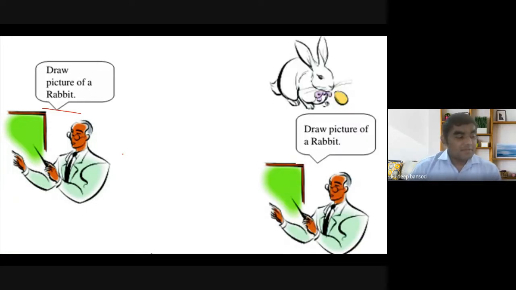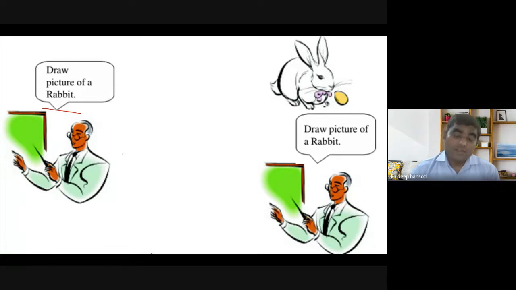At the same time, if the teacher is showing the picture of the rabbit to the students and then asking them to draw a picture of the rabbit, then definitely the student will draw the rabbit as shown in the picture. They will have the idea about how a rabbit looks.